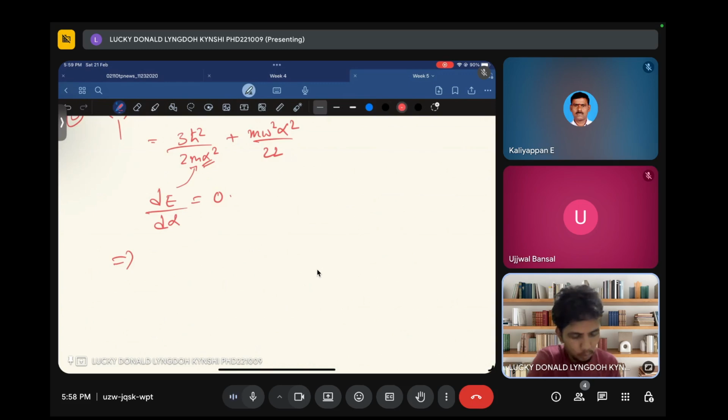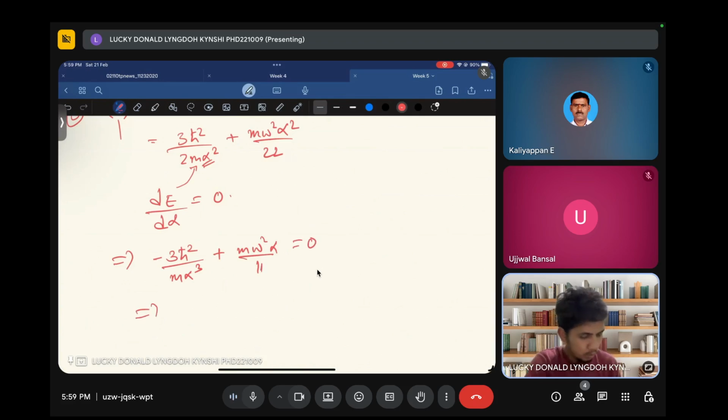In the second term, you will get minus 3h cross square divided by m alpha cube plus m omega square alpha by 11, because ideally you will get 2m omega square alpha, but this is 22, so 2 and 22 will get cancelled and you will get equal to 0.